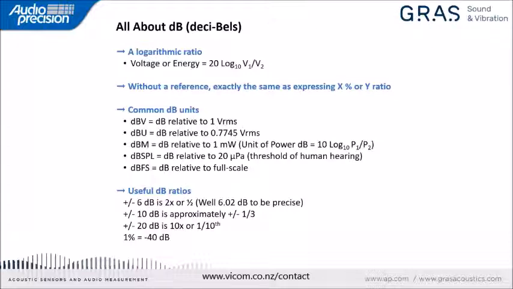Plus or minus 10 dB is approximately plus or minus a third. And plus or minus 20 dB is 10 times or 1/10. Now these are for energy units, so for dBV, 6 dBV is 2 volts RMS. For watts, every 3 dB doubles, again because of that extra squaring function in V squared over R.